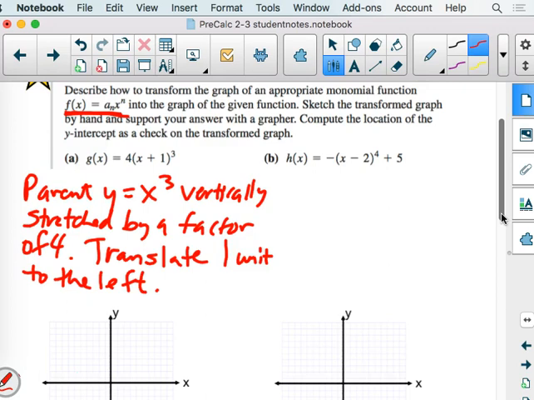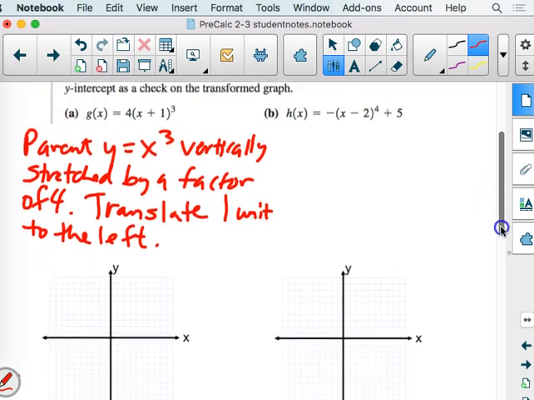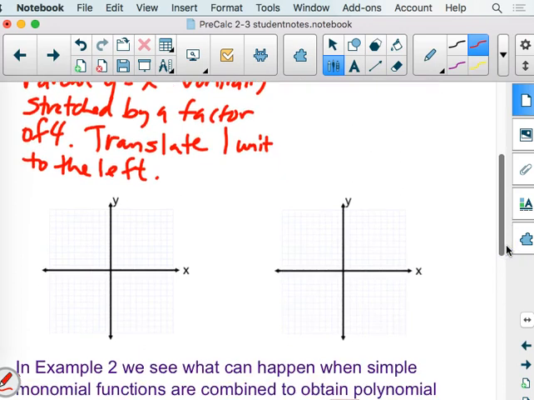We want a shape graph and then we want to move it to its new location. In this case, its new location is just 1 unit to the left. So we're going to graph y equals 4x cubed, dashed, dotted. And we can use what we know about cubics to do this as well. But normally we would just chuck a few little numbers in here.